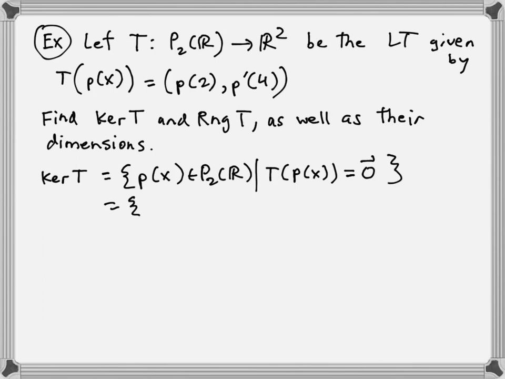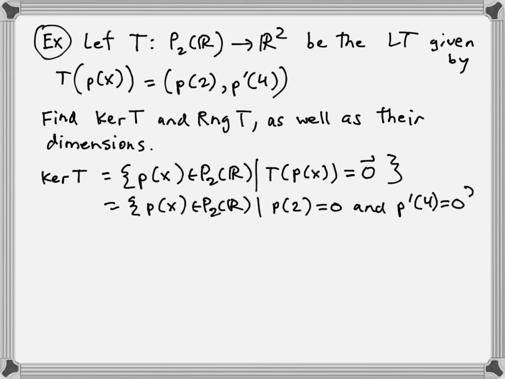Well, this is equal to the set of all p(x) in P2(R) such that, remember, T is written up here, such that p(2) is equal to 0 and p'(4) is equal to 0. Both those things have to be true for this to be the zero vector.